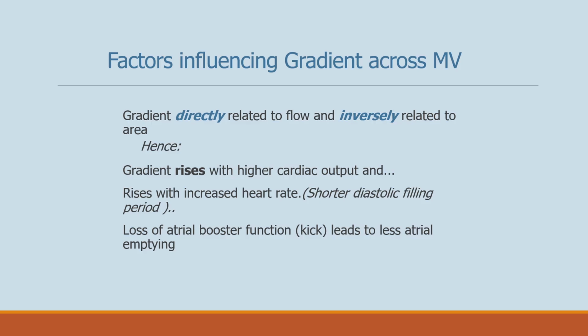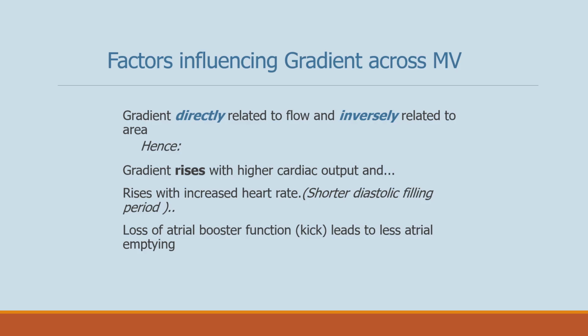So, going back to the mitral valve, what factors affect the gradient across the mitral valve for a fixed stenosis? If you have to push more blood across the stenosis, for example, with a higher cardiac output, the gradient will be higher.